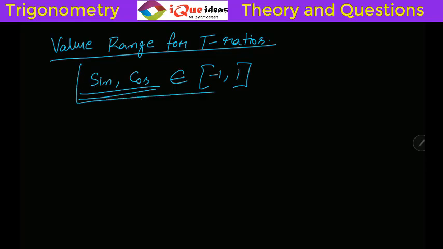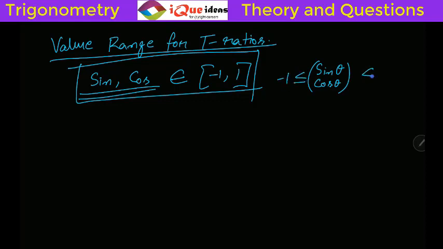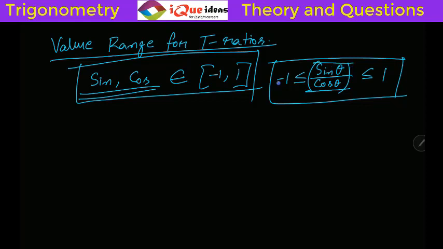Right? So for any angle theta, the value of sine theta or cos theta has to be between -1 and 1, inclusive of -1 and 1. Similarly, the value of tan theta and cot theta, right?